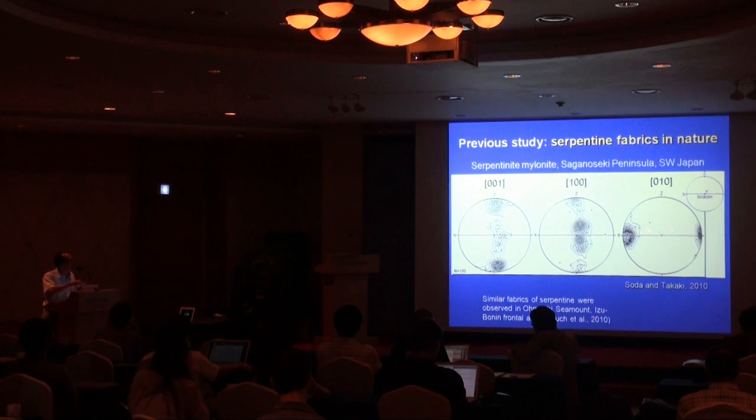However, the 010 axis is aligning parallel to lineation, which is different from the experimental fabric. There are some other studies having similar natural fabrics by Hirauchi et al. So I wanted to look at some more serpentine fabrics in nature and then think about the seismic anisotropy produced by this serpentine fabric.